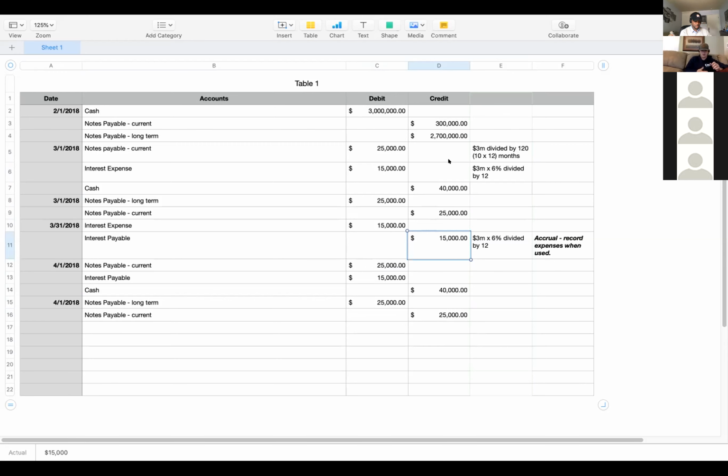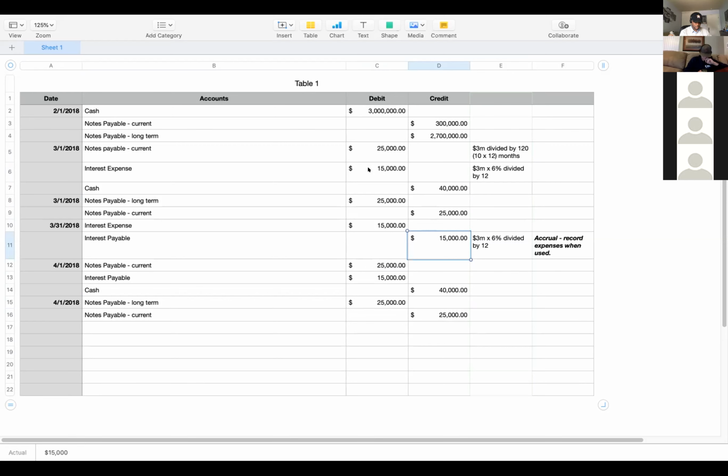The purchase of the notes payable or the acquisition of the loan, right? I think he's talking about April 1st. Yeah, the first journal entry on April 1st is recording notes payable current, that's you paying off your principal. Interest payable is you paying the interest, and then cash is what you're using to pay that.